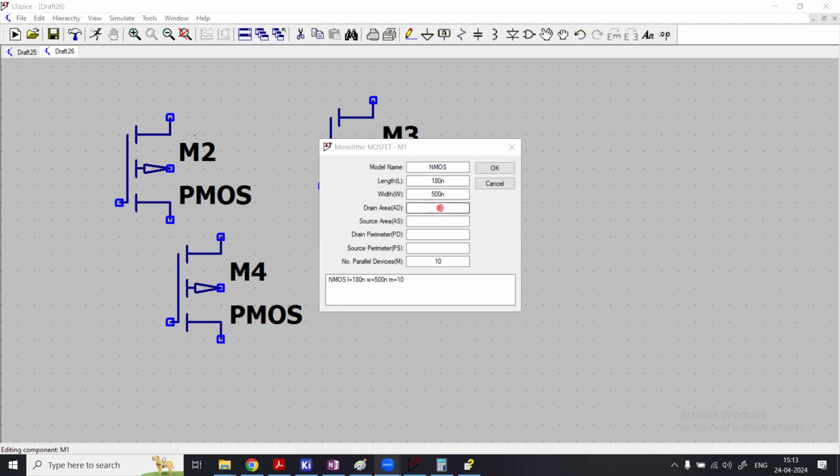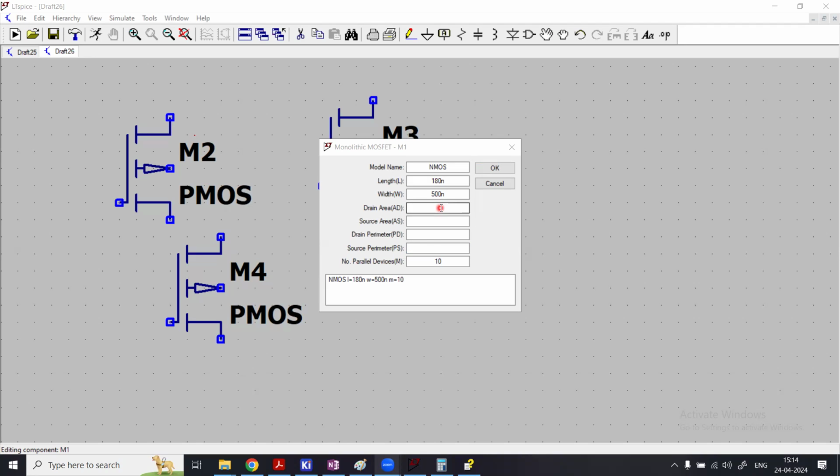We are going to use the freely available model file, which is not exactly the commercial one provided by the vendors, but by using that, you can get a feel about how your real world circuit will work and how it will perform in the real world. So the model files we are going to use is the BSIM, which is developed by the Berkeley group at the University of California. It's an open source model.